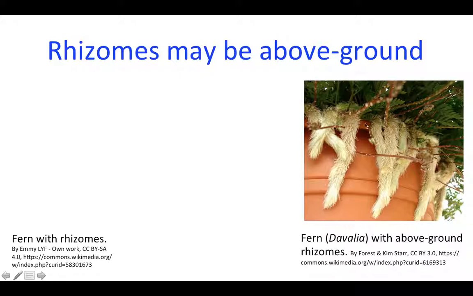So this is just a pot of ferns, and the aerial rhizomes are growing down the side of the pot. You can see too that at intervals along these rhizomes, leaves are coming off. So even though these look kind of like hairy roots, you know it's not, because a leaf would never grow out of a root at intervals like this.